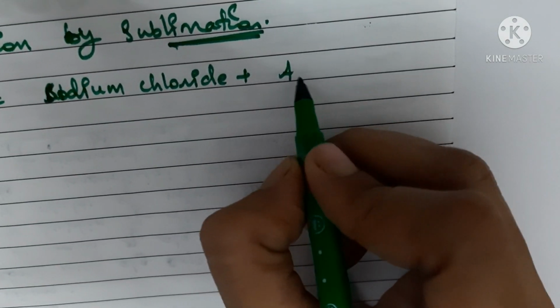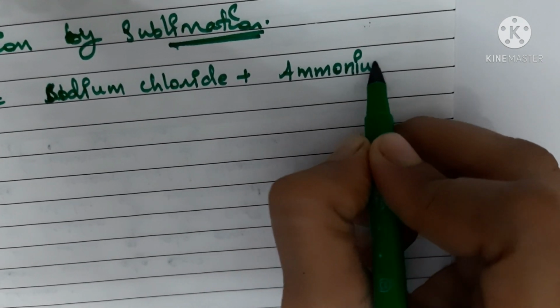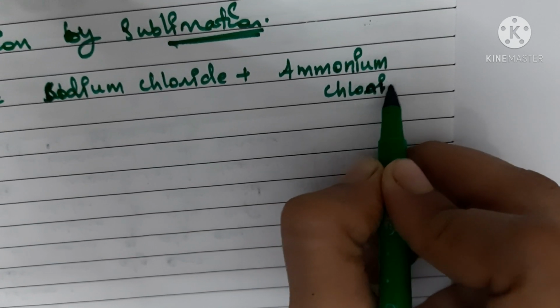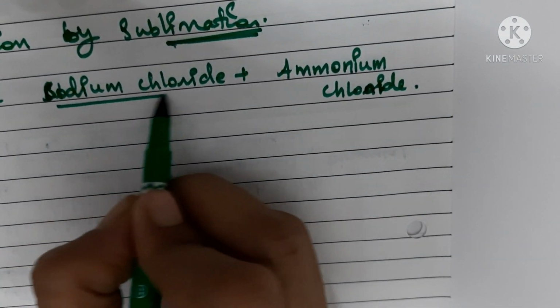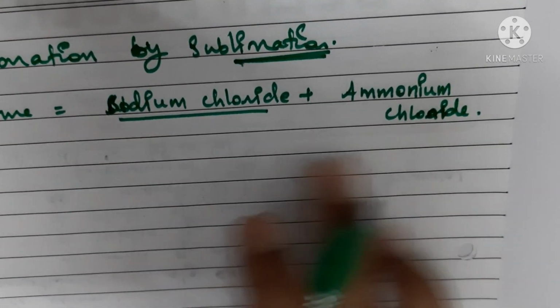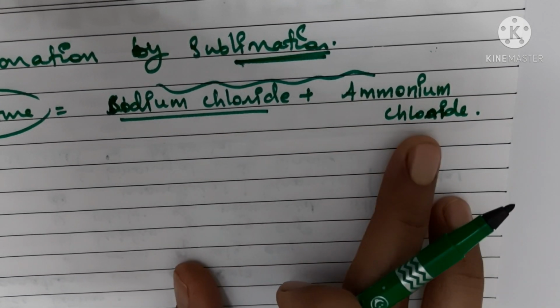Okay, so you are having two constituents here. Which two constituents are here? You are having sodium chloride and you are having ammonium chloride. There are two constituents with you in this mixture.